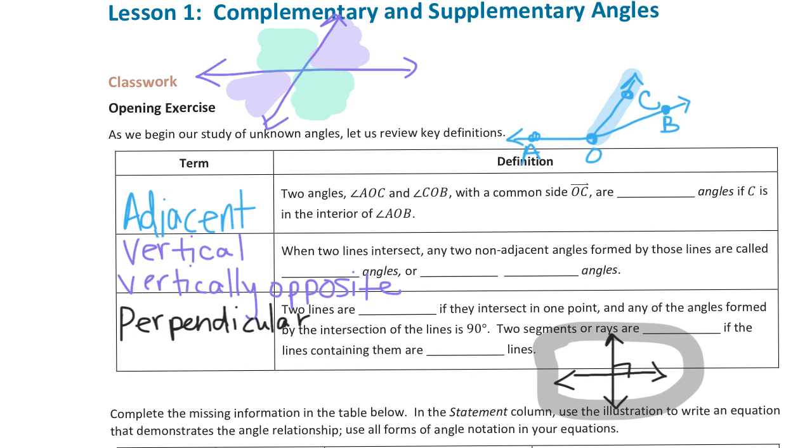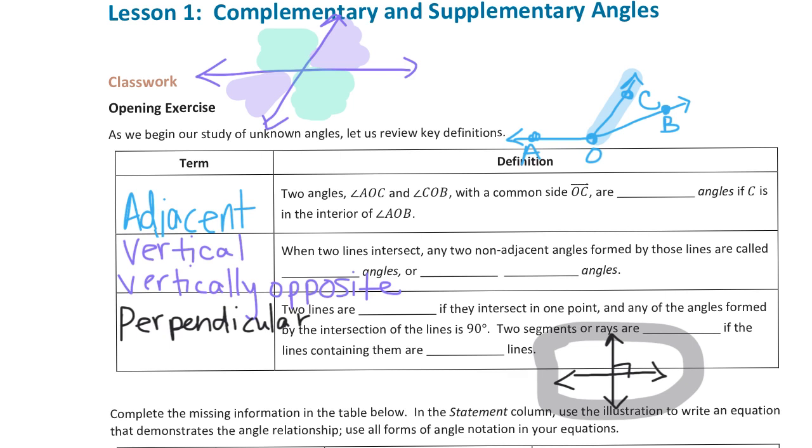Those two angles are beside each other and they share a ray. So if you have two angles that are next to each other and they share a ray, they are called adjacent.